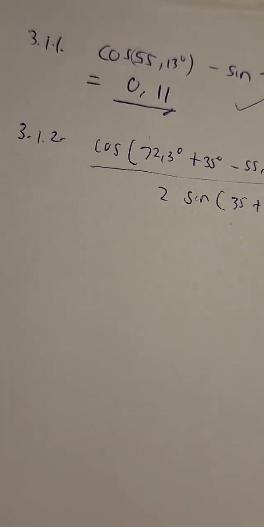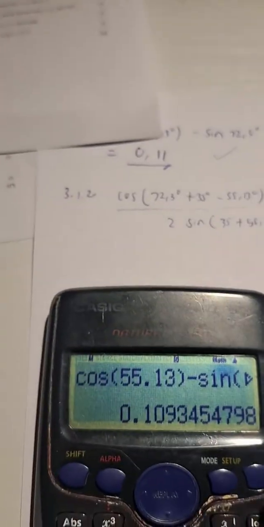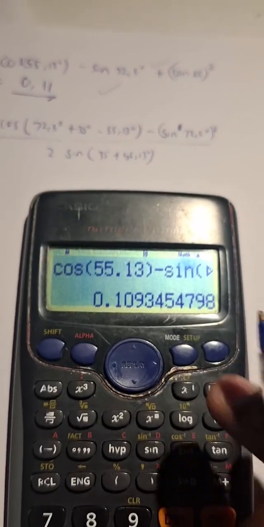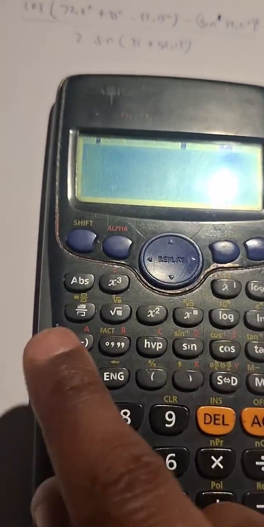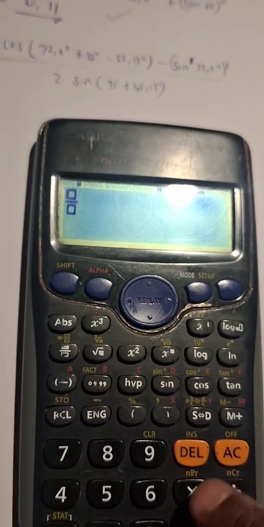So I am going to now grab the calculator because I've done my substitution. I'd say it looks good, right? Now I'm just going to use that option of the fraction so that I can punch in everything.